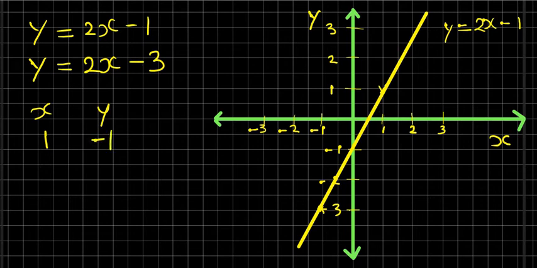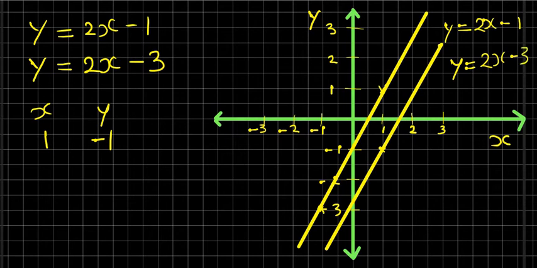That is when x is 1, y is minus 1. Here we have our point. Therefore, we have our graph something like this, and this is y equals 2x minus 3. So the concept to learn here is if two graphs are parallel, their mx term should be equal.